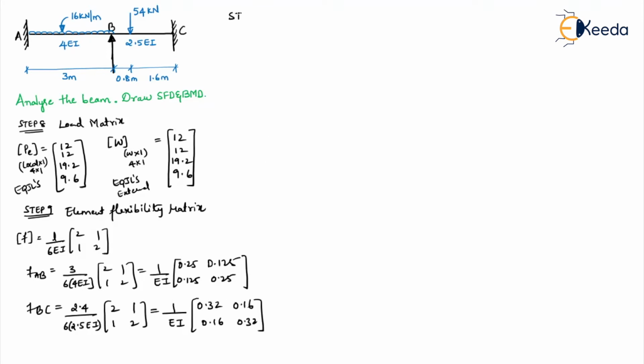Now is your next step, which is step 10. What you'll do here, find the unassembled flexibility matrix. So how will the unassembled flexibility matrix look? You have to write your AB and BC in your diagonal fashion, and these will be outside zeros.